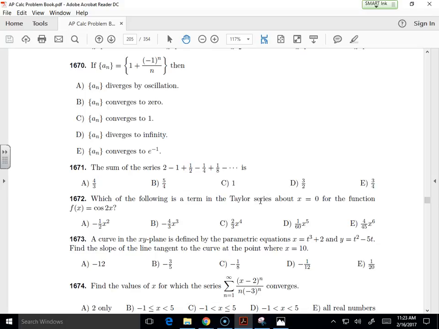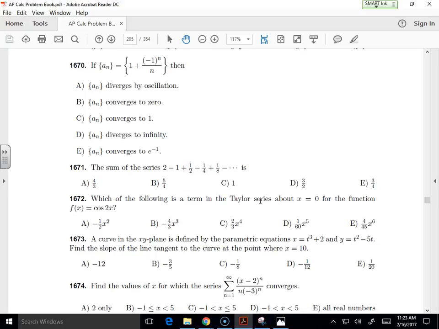I don't know what we're plugging into. We're plugging into 2t minus 5 over 3t squared plus 2. Oh, wait, that's the slope of the tangent line. x equals 10 at where? We have to solve for t. Okay, so I got 2. At x equals 10, t equals 2.